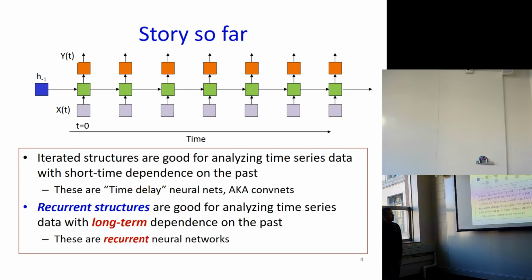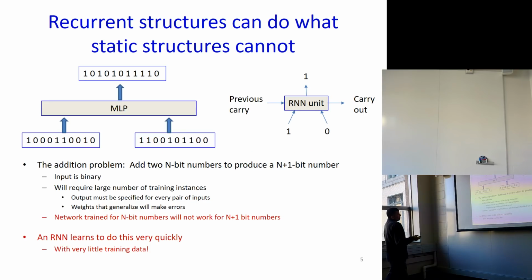But a better structure for analyzing time series data is recurrent structures, which allow you to look into arbitrary amounts of time in the past. These structures can be variously designed depending on what kinds of modes you want, but they have the ability to carry over information over effectively infinite amounts of time, which is basically what we want when we're analyzing time series.